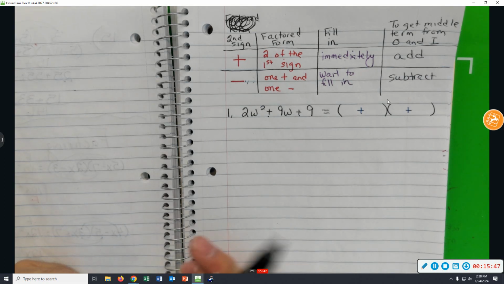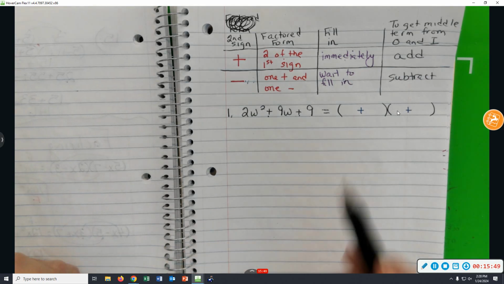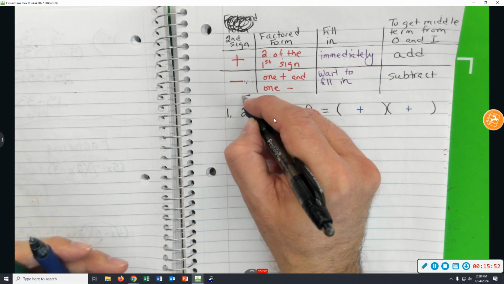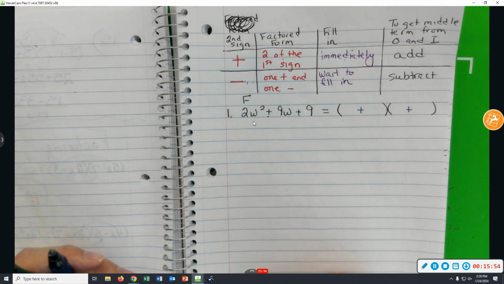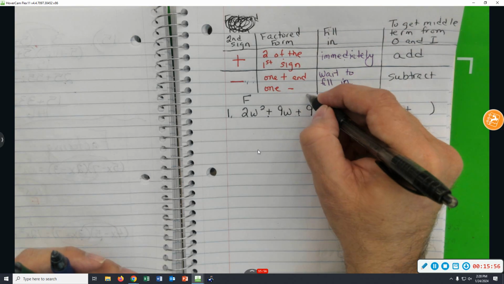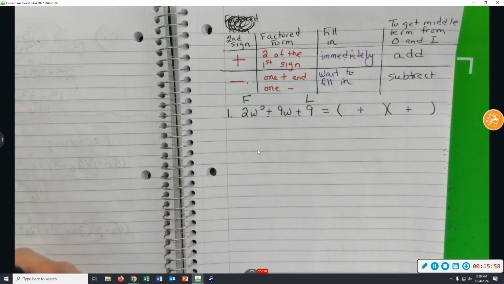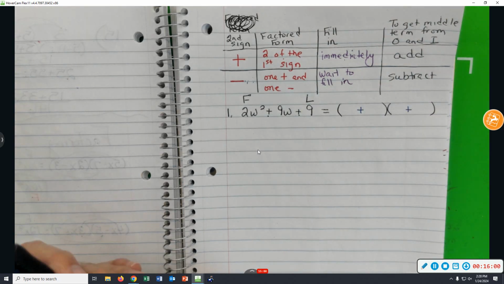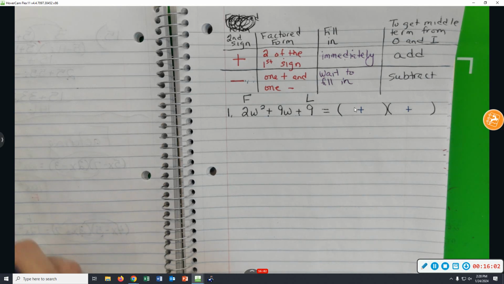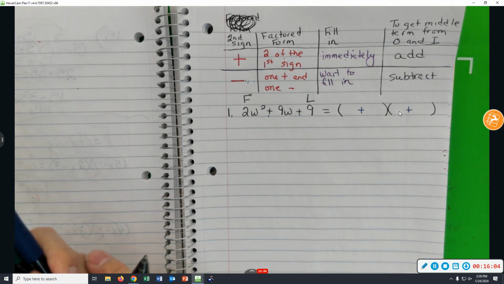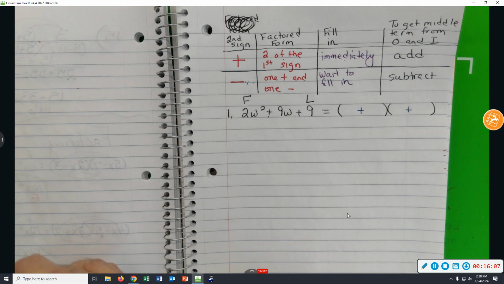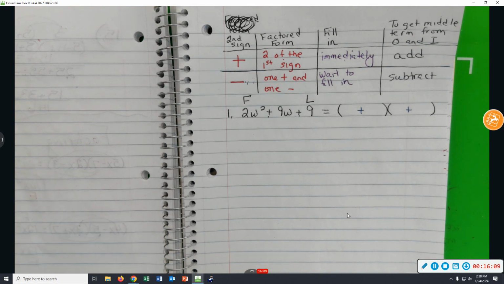Remember, first times first. When you're FOILing out, that's going to give us back this first term, 2w squared. What times what will give us 2w squared? Well, w squared is easy: w times w. We're going to have a w in the first term there and right there. What numbers? You're thinking of positive integers, class.